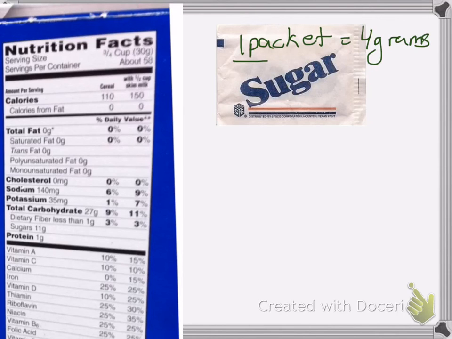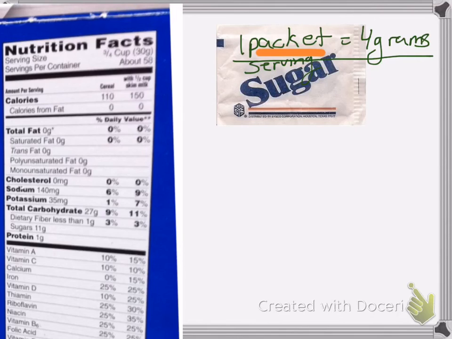We're going to use this information, that one packet equals 4 grams, and we're also calling that one serving of sugar, along with what we just calculated on the previous screen, to figure out exactly how many servings or packets of sugar are in our 20-gram bowl of cereal.